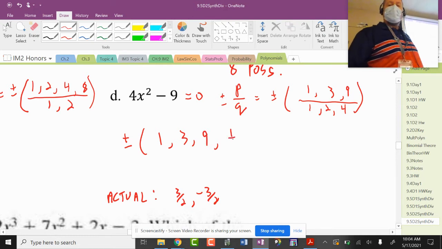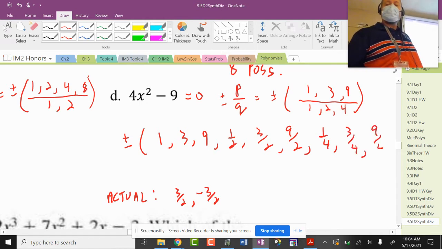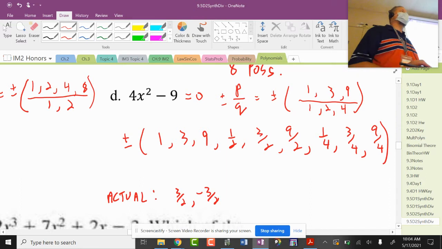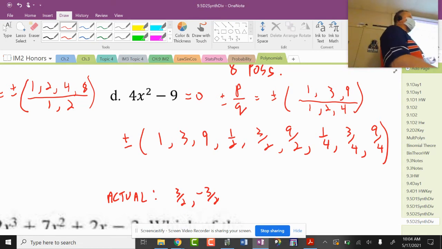And then 1 half, 3 halves, 9 halves. And then 1/4, 3/4, 9/4. Doesn't take too long to get all those combinations of numerator over denominator. But look at that list. That's a large list, and I really would not have done that on this question in reality.